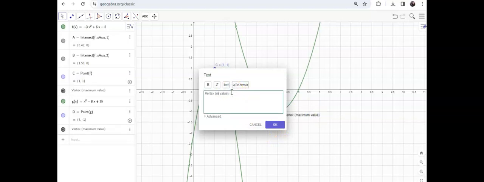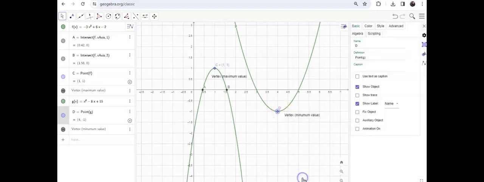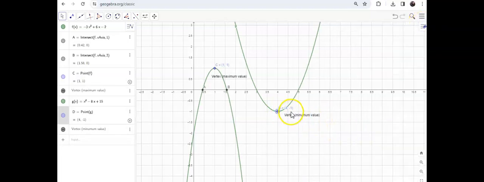So if the parabola opens upward, we can say that the vertex is the minimum value. Why? It is at this point wherein the value of y is the lowest. Okay, so the value of y here at the vertex is negative 1.